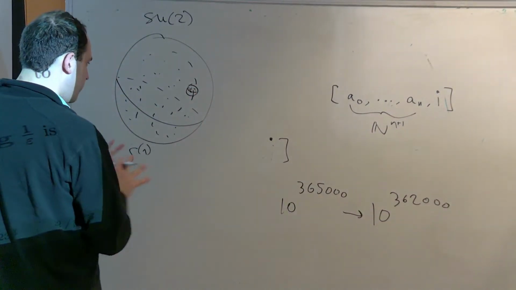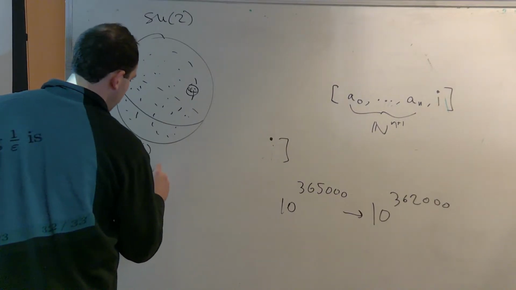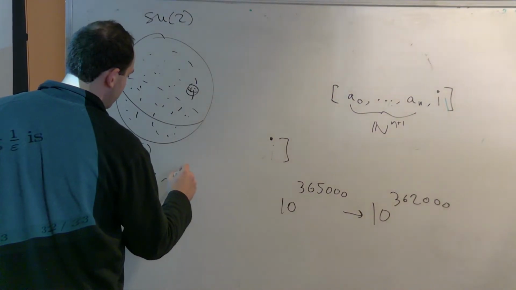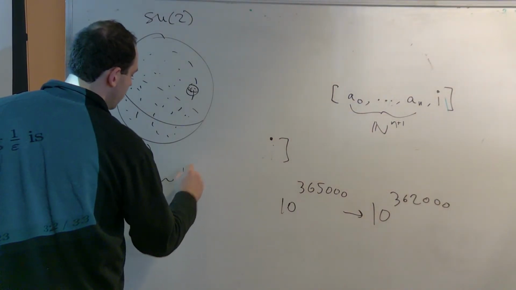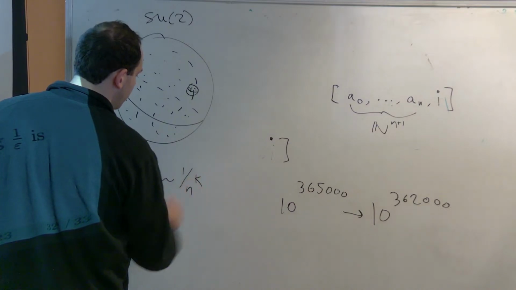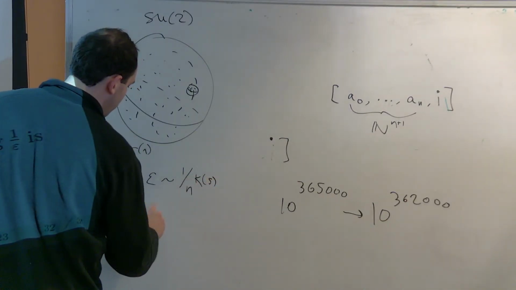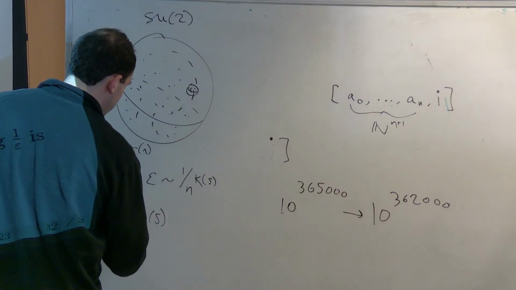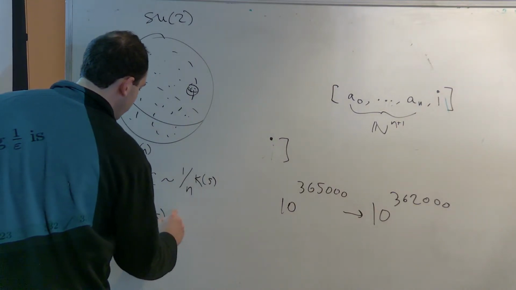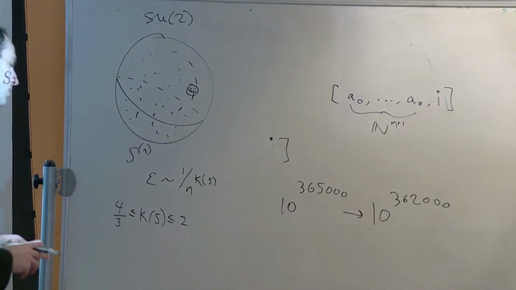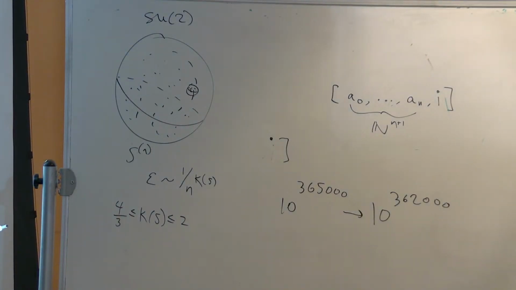I think the covering exponent is something like epsilon is going to be, eventually up to constants, 1 over n to the k, or k_S, where what we know about Golden Gates is that it's between 4/3 and 2. And I think it's believed that you can never beat 4/3.